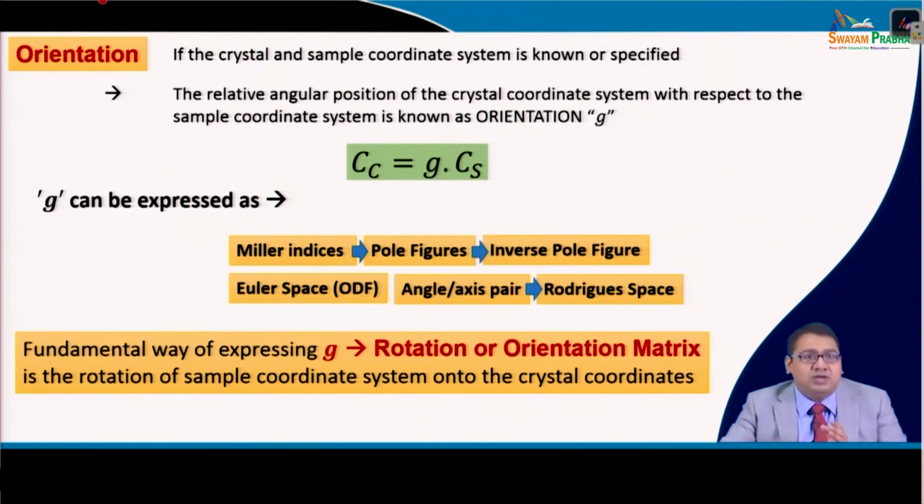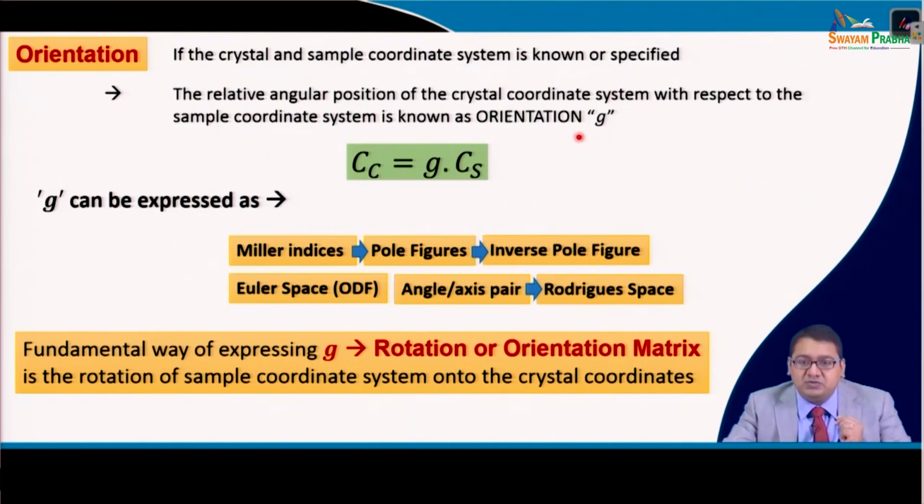If the crystal and the sample coordinate systems are specified, then we can find the relative angular positions of the crystal coordinate system with respect to the sample coordinate system, and this is known as orientation, or a specific texture component.